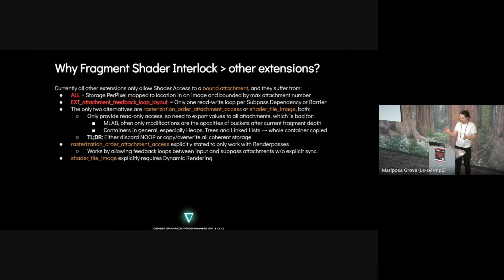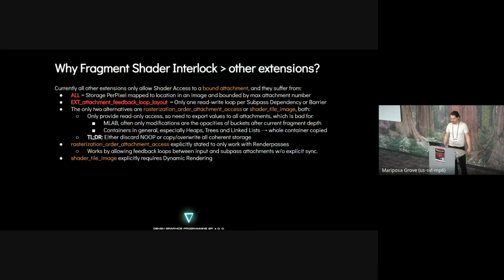If you have a data structure in those pixels, like let's say you've got 4 attachments, and you want to modify something, like with MLAB, only the modifications in the opacities of buckets after the current fragment depth result in modifications. And for containers in general, heaps, trees, linked lists, you need to actually make the modification on the container and then export the whole thing as all 4 pixels or 8 pixels or however many you've got attached.